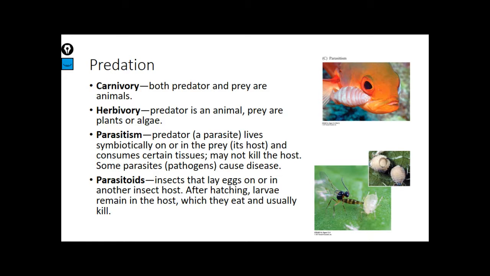The host gets to live its best life for a short period of time, and then those eggs hatch inside the body of their host. At that point, the eggs then consume their host's body. So that's the moment of predation. Okay.